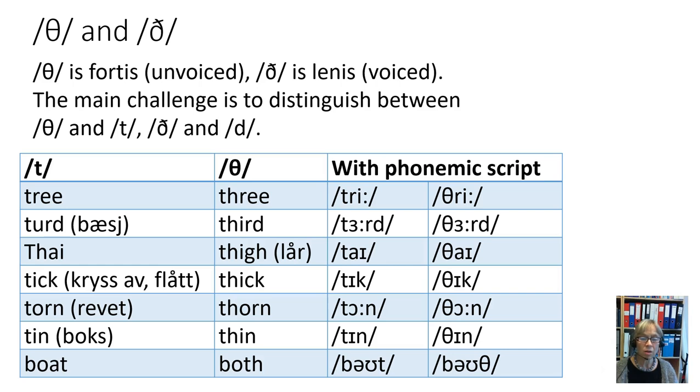And these minimal pairs show you that exchanging one sound for another may bring about a difference in meaning. You have a tree and you have the number 3. You have a third and the number third. Tie, thigh, tick, thick, torn, thorn, tin, thin, both.